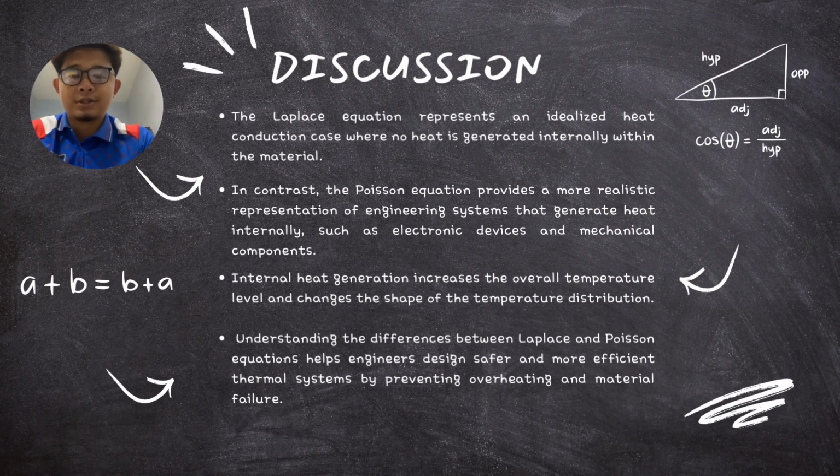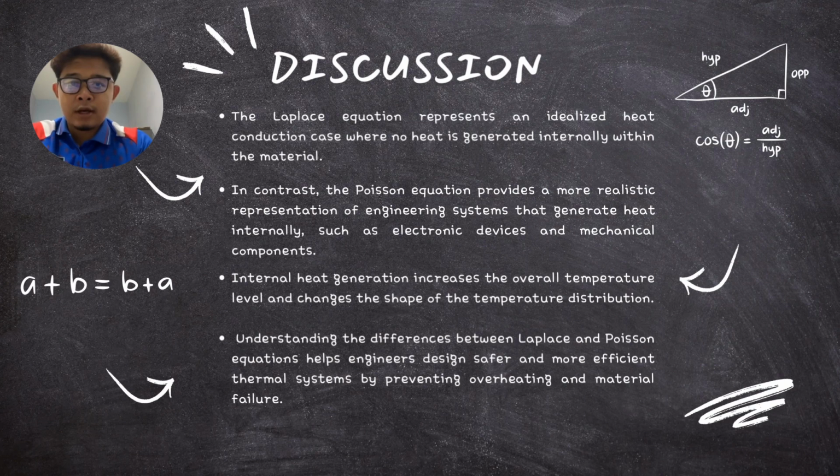Okay, next is the discussion. This slide shows the discussion for our results. First, the Laplace equation represents an ideal heat conduction case where no heat is generated inside the material. Heat only flows due to the temperature difference at the boundaries. In contrast, the Poisson equation is more realistic because it includes internal heat generation.